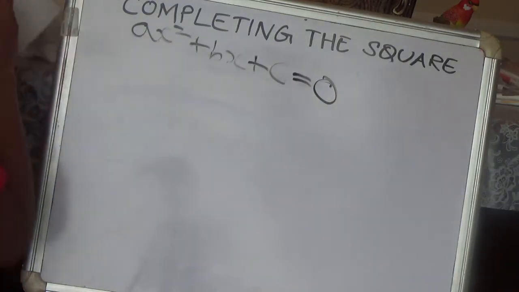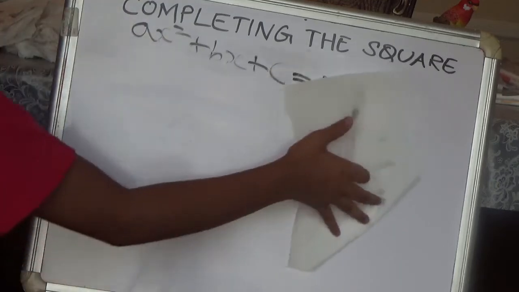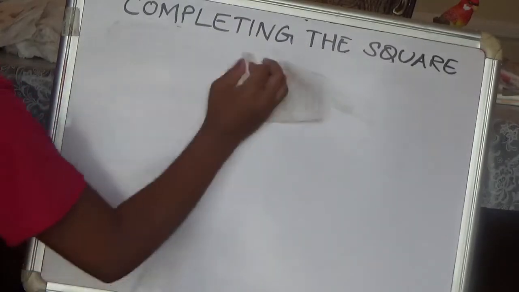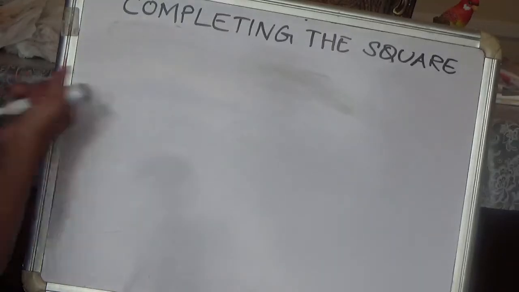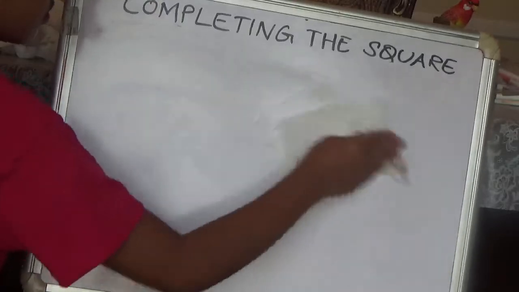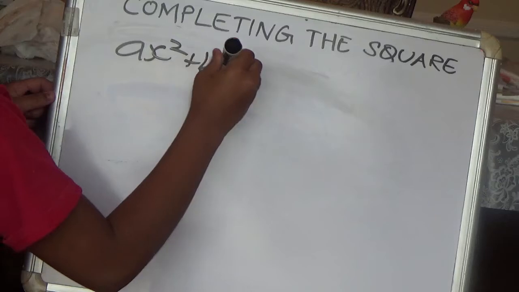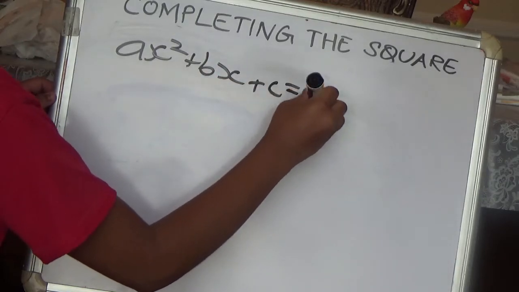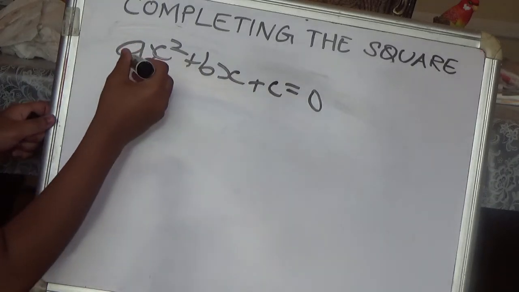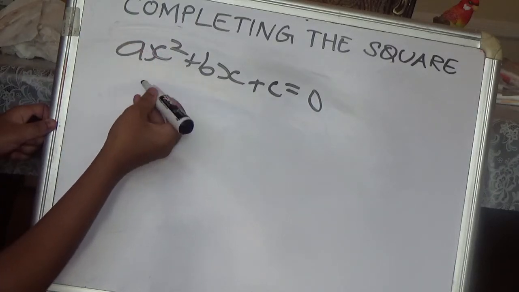You might say, hey, there's a coefficient on the x squared term, so it'll be a little tough. Let's prepare the quadratic as we usually do. First, divide by the coefficient of the x squared term, which is a.